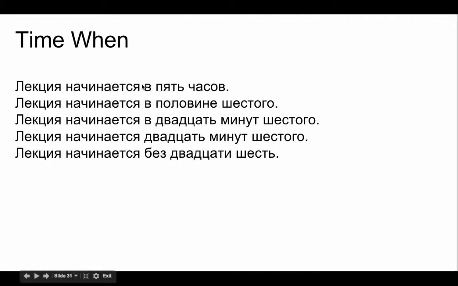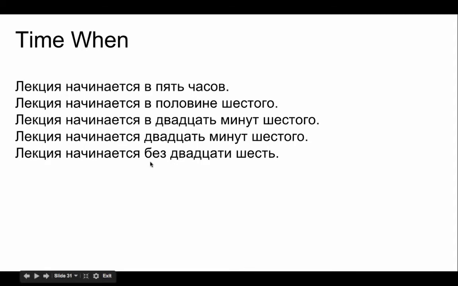However, when we get off of the hour or half hour, we have a choice. So we can say either лекция начинается в 20 минут шестого or лекция начинается 20 минут шестого without в. Either one is correct. In these two examples, you must use the в. In this example, you can use either one. So on the hour must have в. On the half hour must have в.